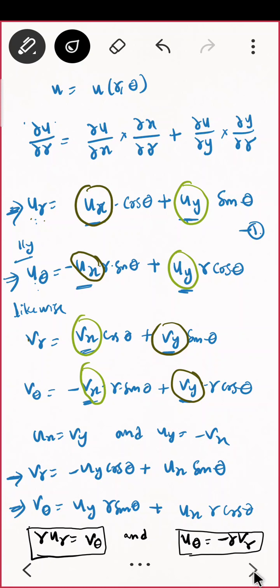So can I put the sufficient theorem that we gave earlier in terms of polar form now? That is, let f of z be equal to u of r theta plus i times v of r theta.